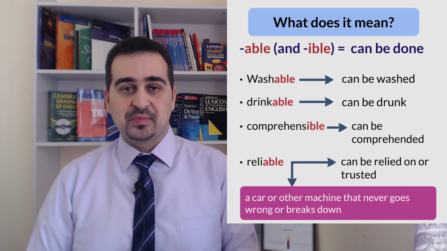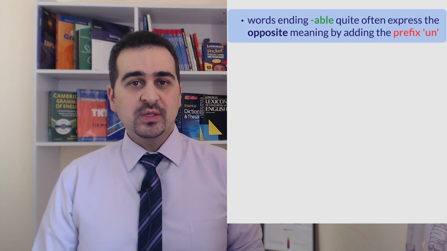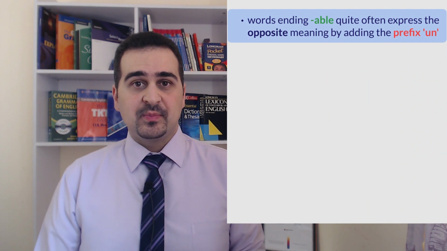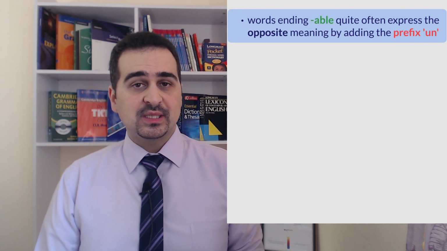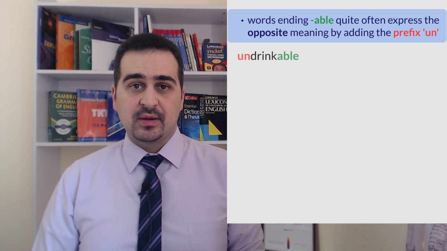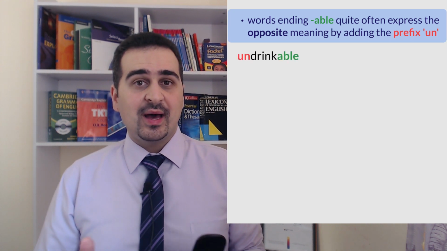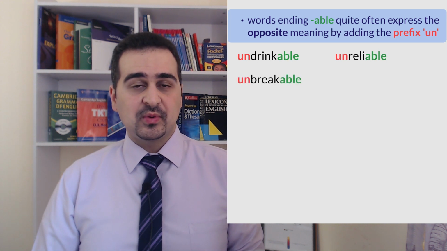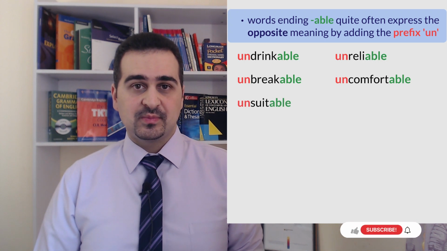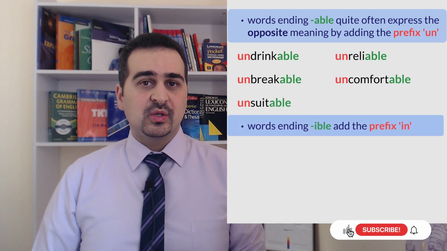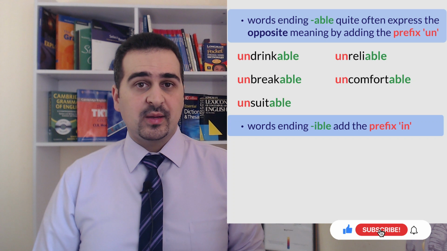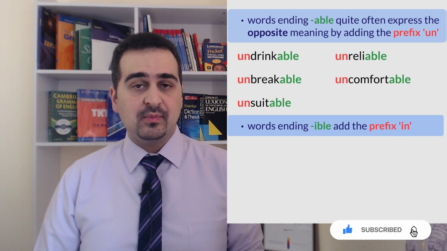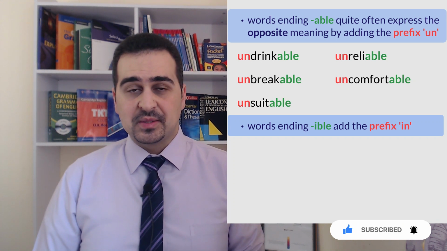Now, words ending in able quite often express the opposite meaning by adding the prefix un. For example, undrinkable, unreliable, unbreakable, uncomfortable, and unsuitable. On the other hand, words ending in ible quite often express the opposite meaning by adding the prefix in.